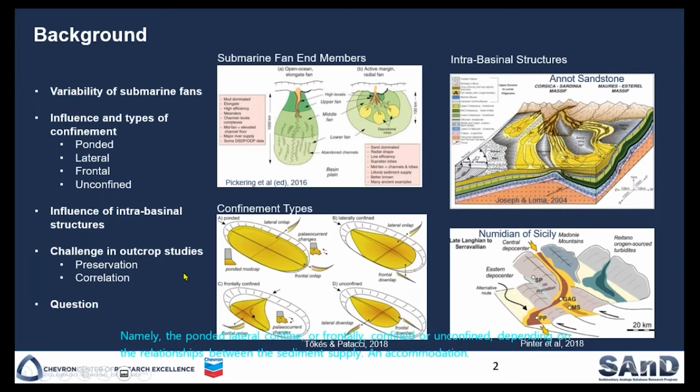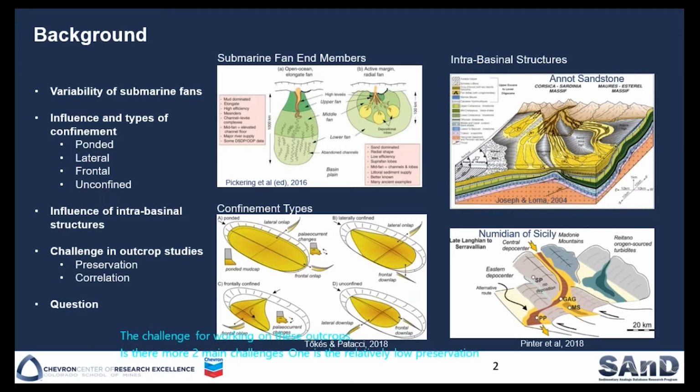In addition, submarine fans can also be strongly influenced by intrabasinal structures, as demonstrated in the examples here in the Annal sandstone or the Numidian in Sicily. The challenge for working on these outcrops: there are two main challenges. One is the relatively low preservation potential.